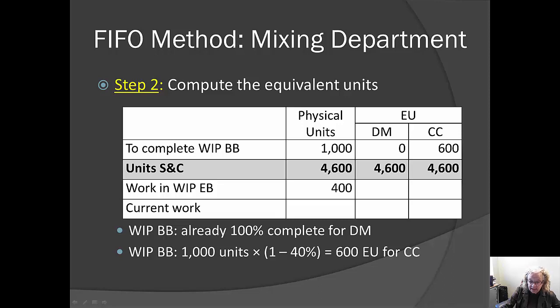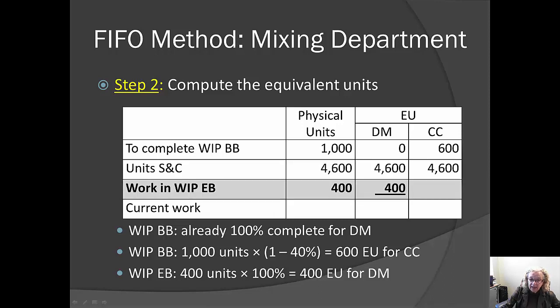So the 4,600 physical units that were started and completed in this period would equal 4,600 equivalent units for both materials and conversion costs.